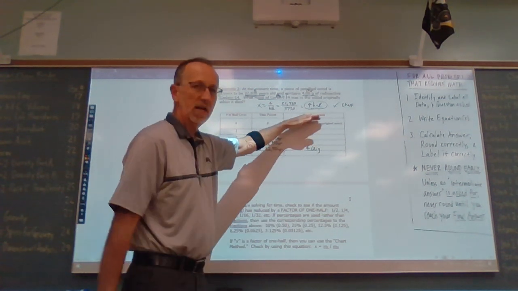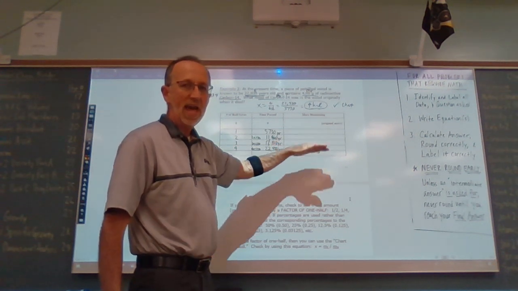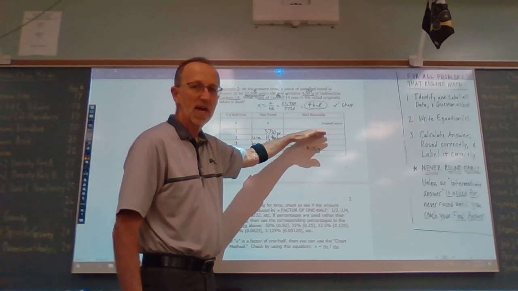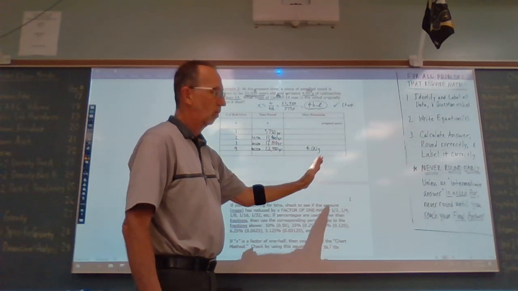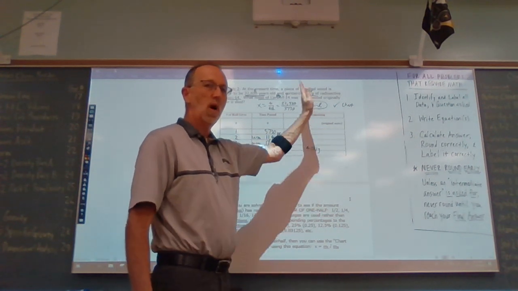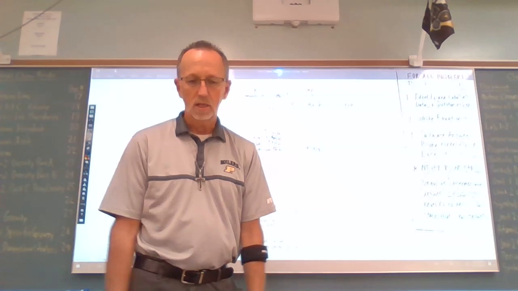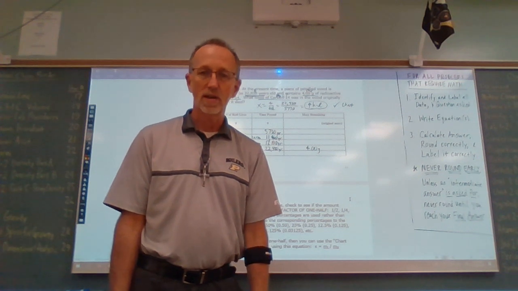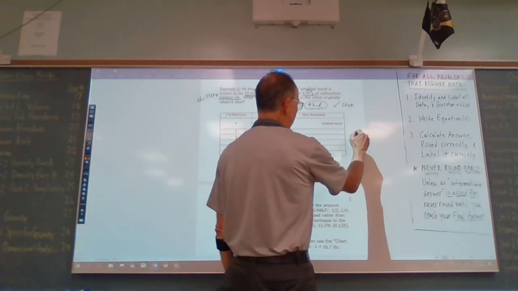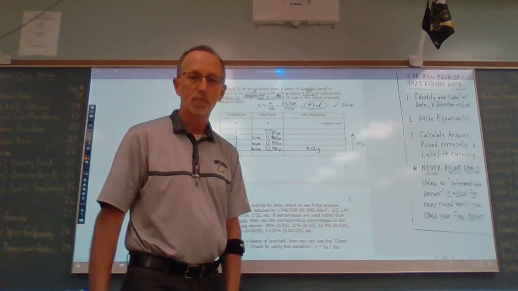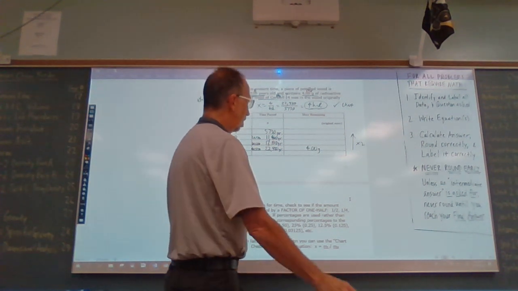So when we started up here and we underwent half-lives, what happened to the mass or the quantity? Well, it cut in half every time we went down the way. What do you think we're going to do when we go up the way in the opposite direction? Instead of dividing by 2, what are we going to do? If you said multiply by 2, you're absolutely right. That's exactly what we're going to do. So now we're going to work our way back up here, and we're going to end up with the original, which is what we're looking for.